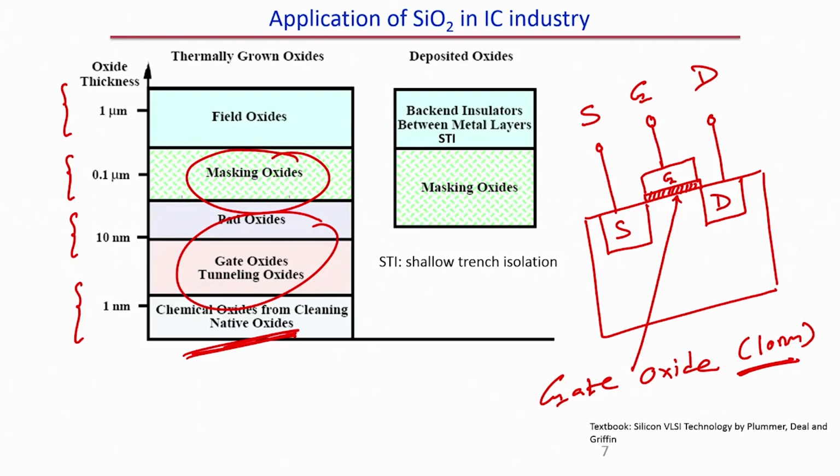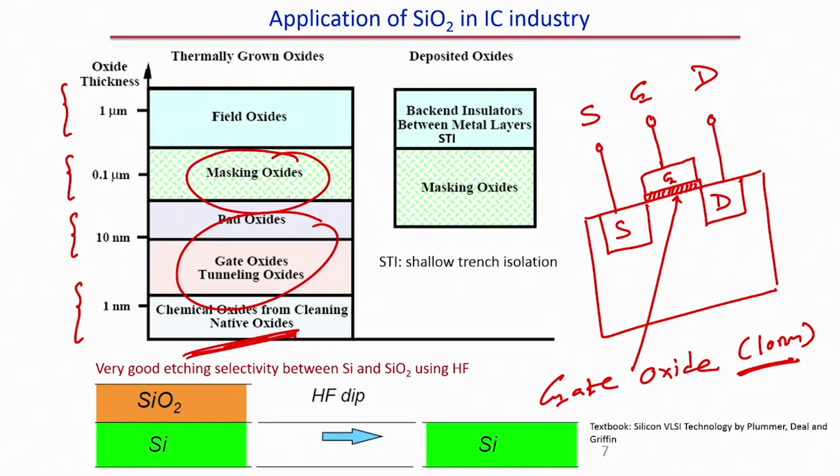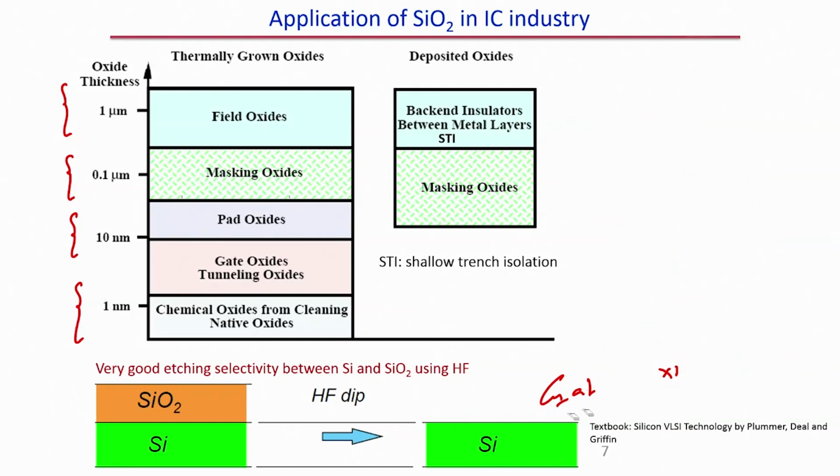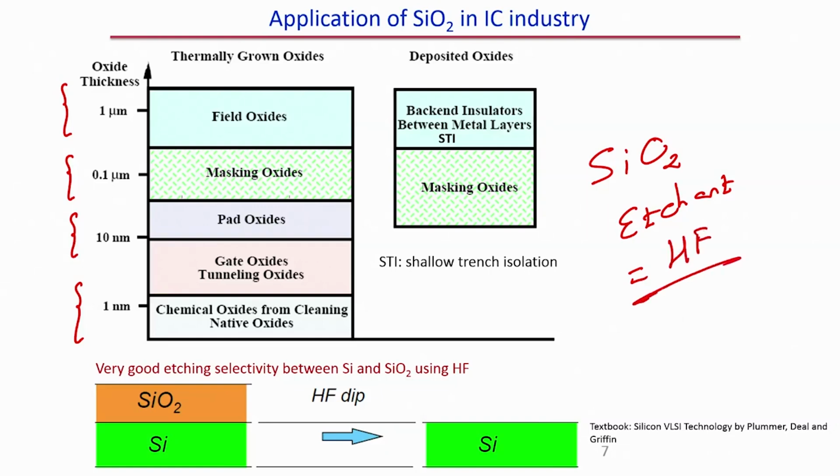Now, what is the etchant for silicon dioxide, right? We have seen the etchant for silicon, that is how we can etch silicon, but how can we etch silicon dioxide? So, the silicon dioxide etchant is hydrofluoric acid, HF. So, if you dip a wafer with silicon dioxide, this is our oxidized silicon wafer, right?